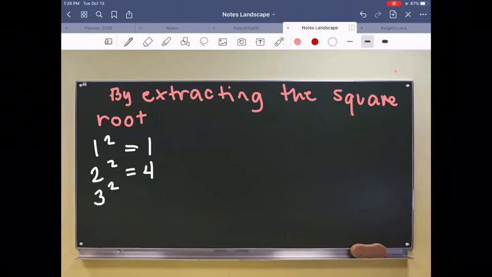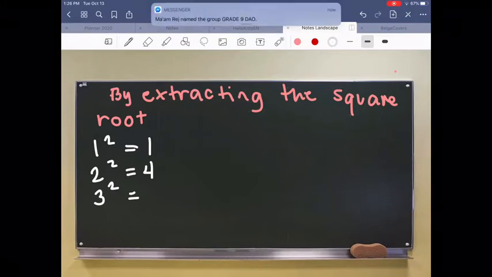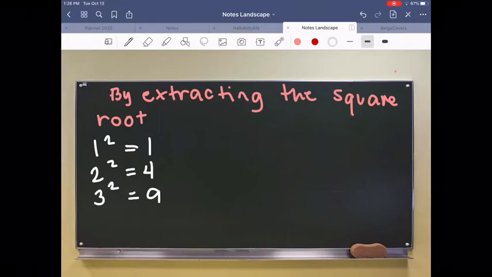How about 3 squared? 3 squared is actually 9, and 4 squared is 16. How do I know that? When you say squared, you multiply the number by itself. So 2 times 2 is 4, 3 times 3 is 9, and 4 times 4 is 16.